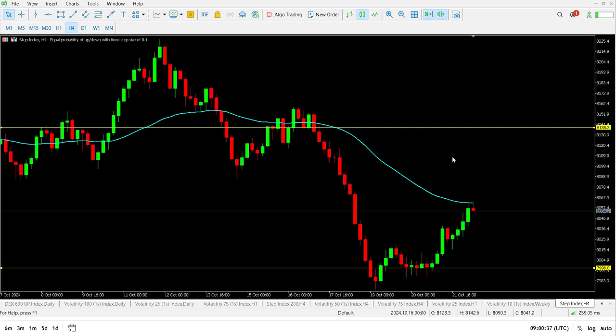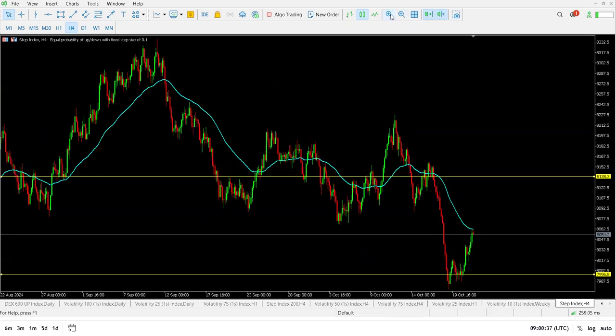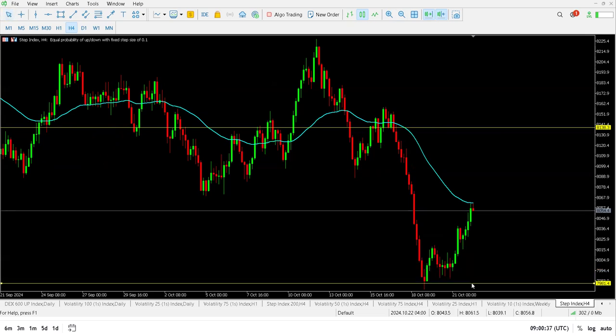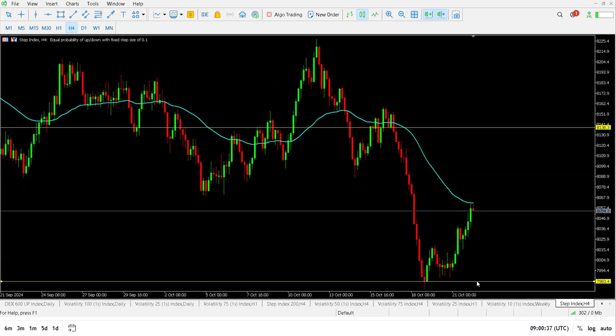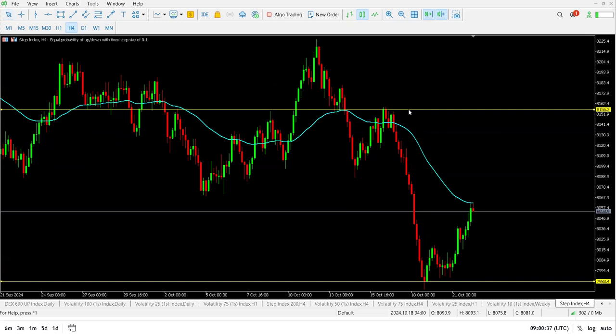On the hourly time frame, clearly you can see if I zoom out, right here we're very much in a bearish market structure. So we have this right here as the most recent swing low, lower low, and then we have this as the hourly time frame lower high that led to the lower low right here.